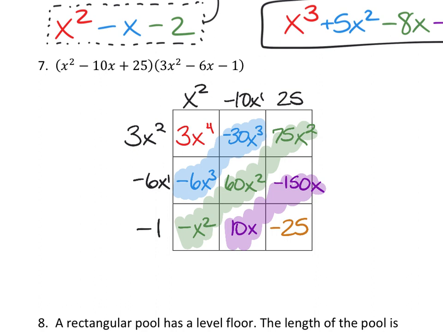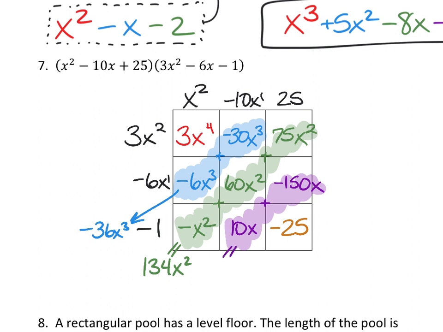And because of the hint right here where it's cross, we know we're going to add all of these things together to get three numbers that we're going to pull out of the Punnett square. The blue number we would pull out, and I'm going to draw an arrow because I don't want to get it all messed up. Negative 30 and negative 6 is negative 36 x cubed. The green number, 75 plus 60 minus 1 is 134.